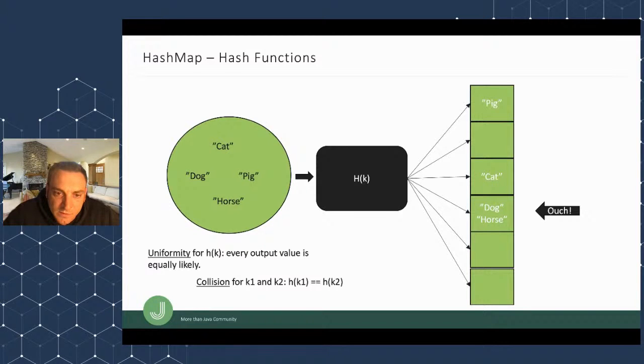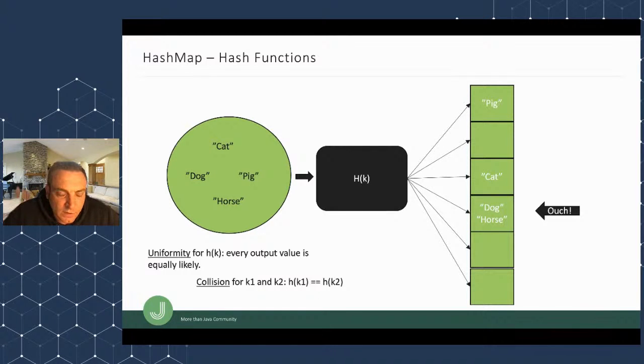But in some cases, given two keys, key 1 and key 2, where key 1 is different from key 2, the hash function returns the same value for the two keys. So we have a problem, we have a collision. A collision is when, given two elements we want to store in the array, we get the same hash value. We will see in the next slide how to cope with this.